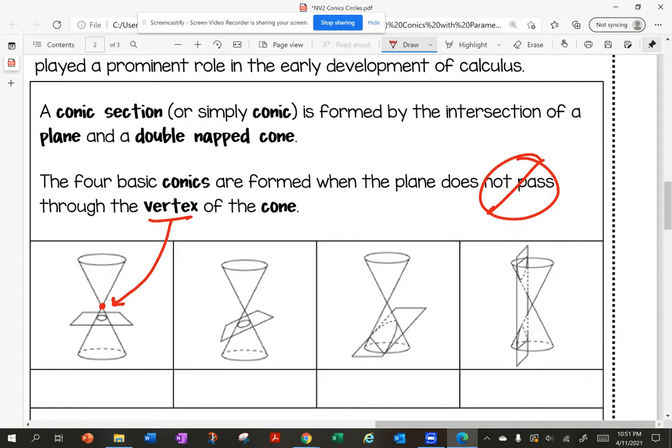So the first one is where the plane crosses my cone, I have a circle. When I'm at an angle like this, then I get an ellipse. When I'm in this portion of the cone, I get a parabola. And when I cover both cones, I have something called a hyperbola.